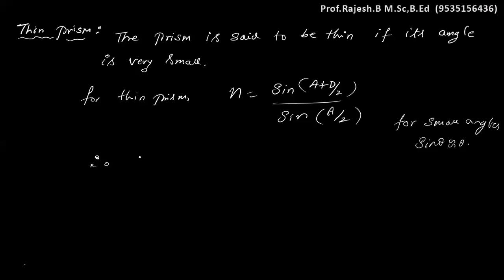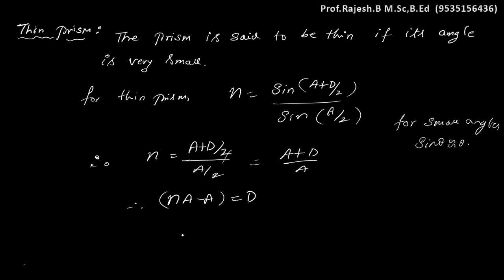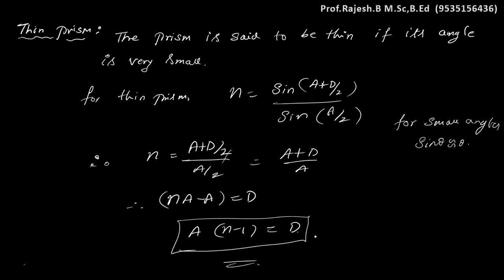Therefore, I can write n equals (A plus D) by 2 divided by A by 2. The 2s cancel, so n equals (A plus D) divided by A. Therefore nA minus A, taking A common, A into (n minus 1) is equal to D. In general, for a thin prism the deviation is given by this formula, D equals A into (n minus 1).